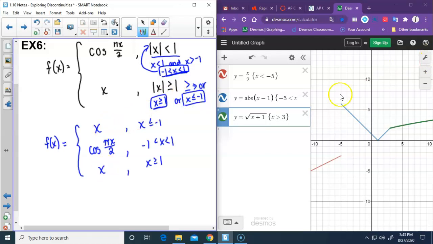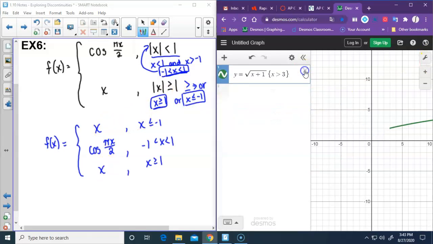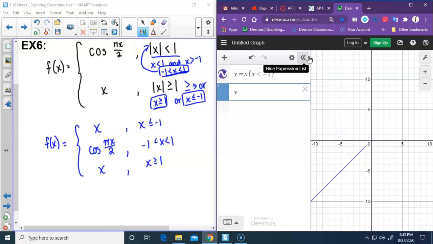And if you want to look at the graph for that, let's look at that really quickly. So we would have y equals x for x is, I'm just going to use the less than because it's easier to type, but of course that would be less than or equal to, y equals cosine of pi x over 2 from -1 less than x less than 1.